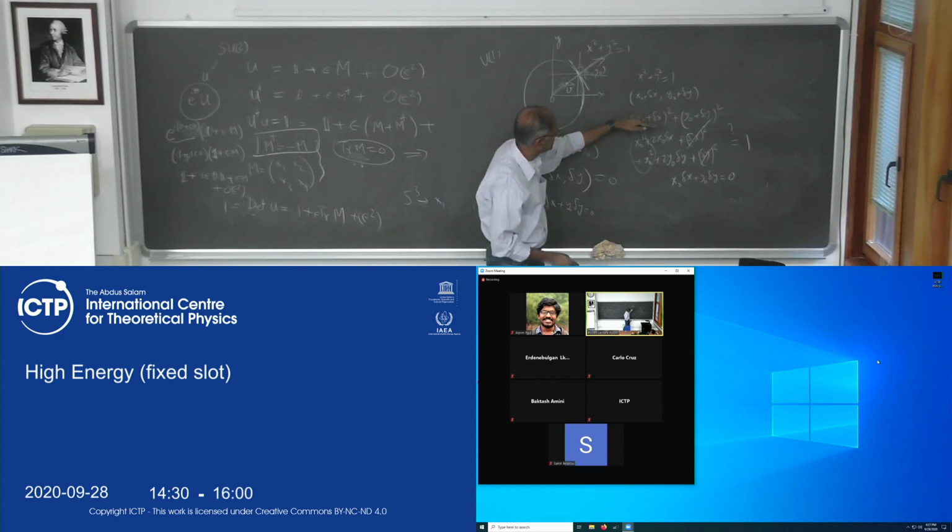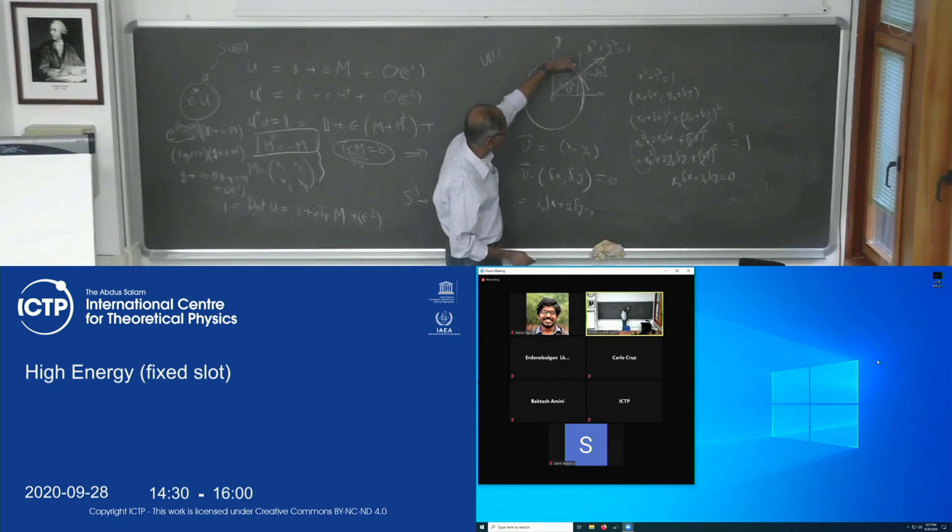So we are looking at the tangent direction. This direction is a tangent to the curve, right? At that point, x0, y0.